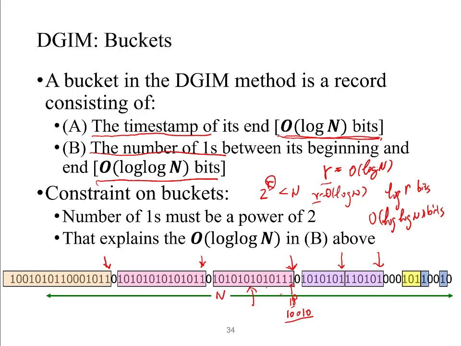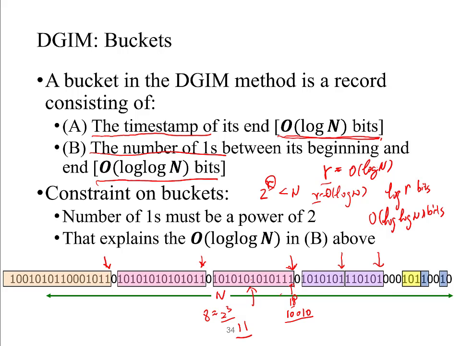It would be 1, 2, 3, 4, 8 ones, which is 2 to the power of 3. So instead of storing 8, we're storing 3, and the binary form of 3 is 11. So we only need 7 bits to represent this bucket.